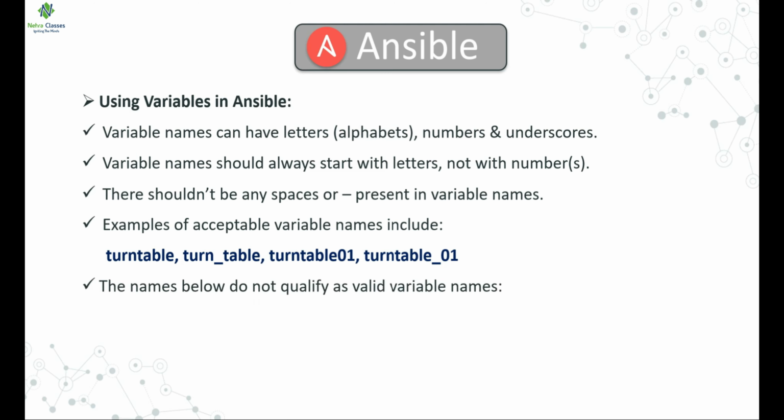Now I'm going to show you examples of invalid variable names like turn table with a space, turn-table with a hyphen, and 01turntable. These do not fulfill the conditions of Ansible variables, since a name cannot start with a number, and it cannot have a space or hyphen in between the variable name. So these are not acceptable in Ansible.